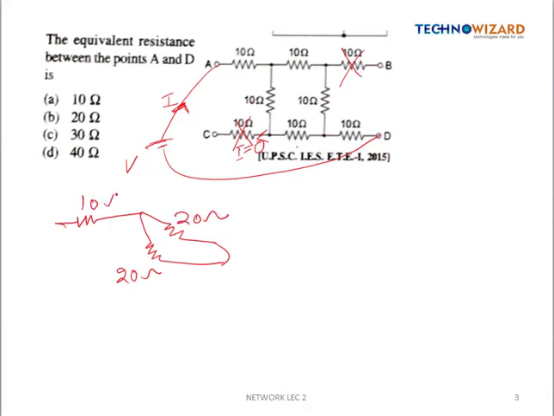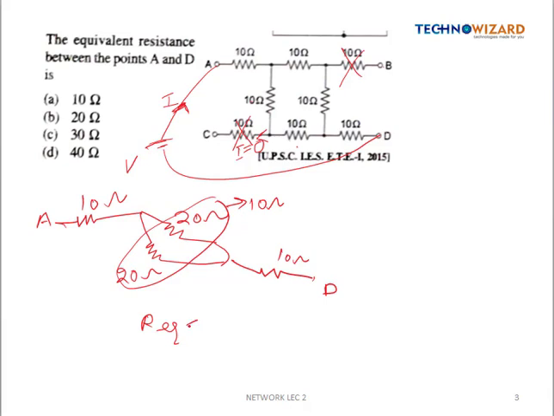This is already 10 ohm and this is A point. Now this is 10 ohm and this is D point, right? So we can simplify, these two are in parallel, it will give 10 ohm. Now these three 10 ohm resistances are in series, so R equivalent will become 30 ohm, right? So option C is correct.